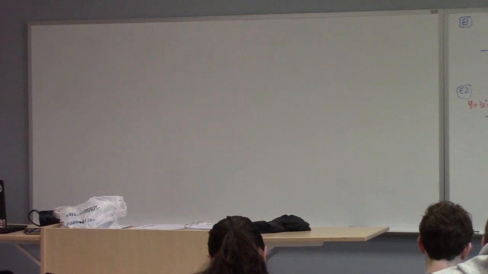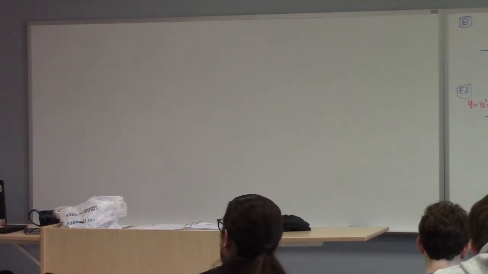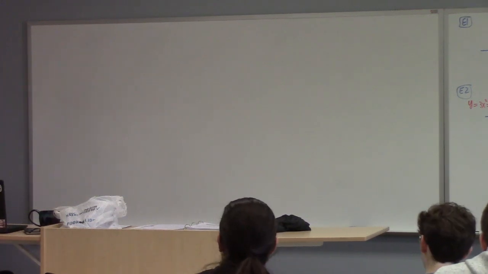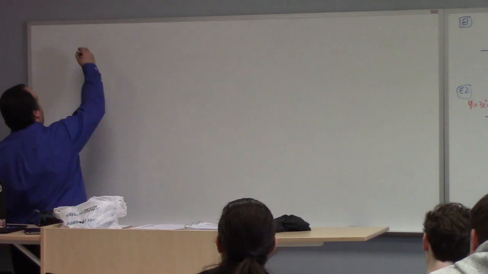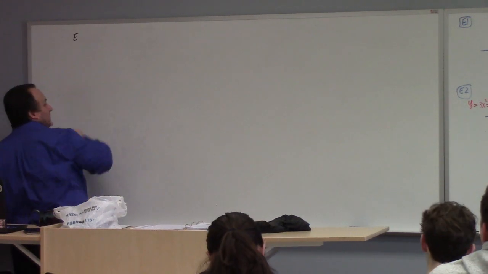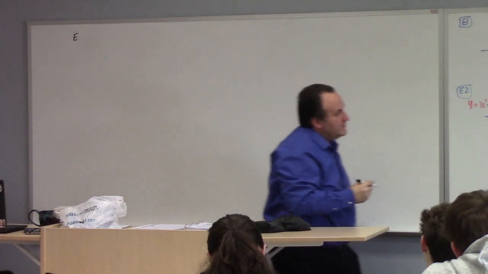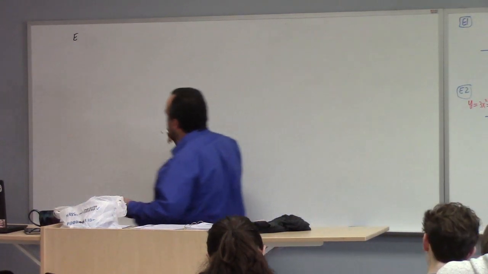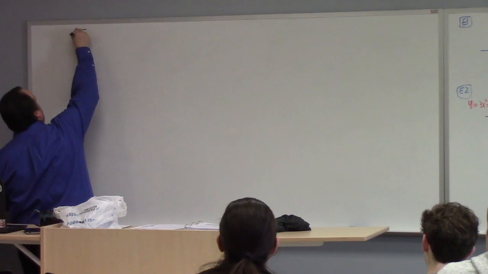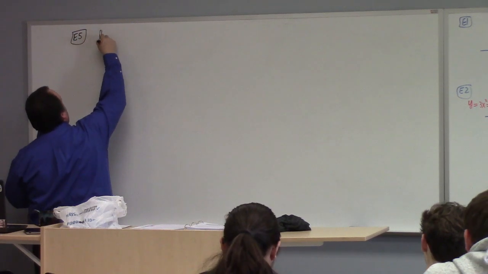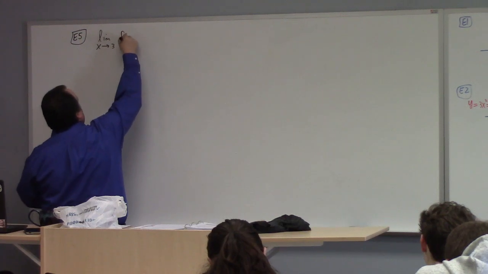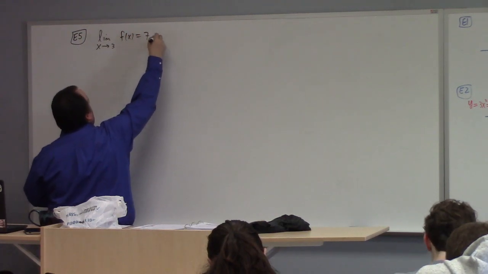So 101. There you're given information about the limit of a function, but you don't know the formulas for the function necessarily. So it could be something like Example 5. Suppose you have the limit as x goes to 3 of f of x equals 7.